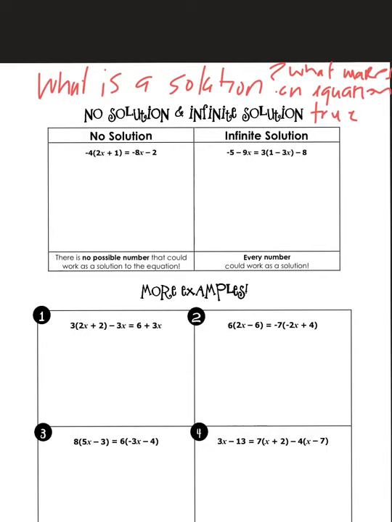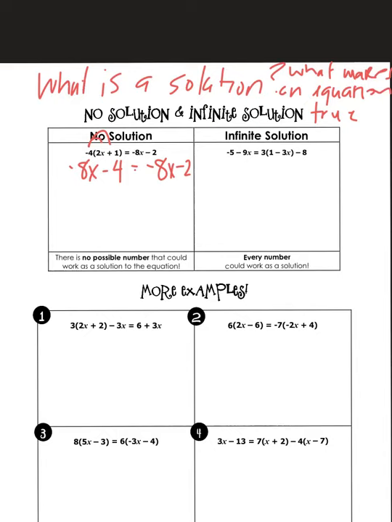So let's go ahead and start to solve the no solution example and see what happens. First, we have to distribute: negative 8x minus 4 equals negative 8x minus 2. Now we have variables on both sides.